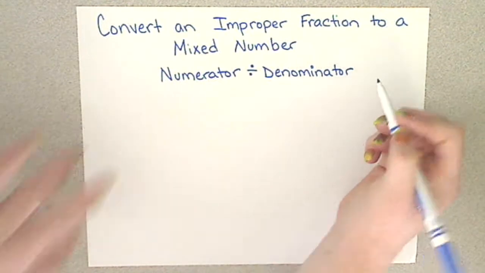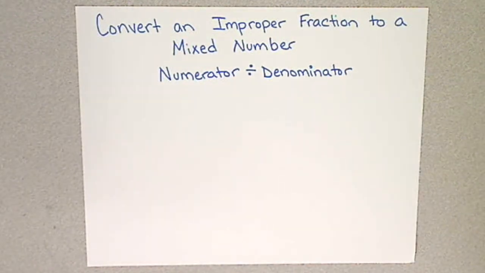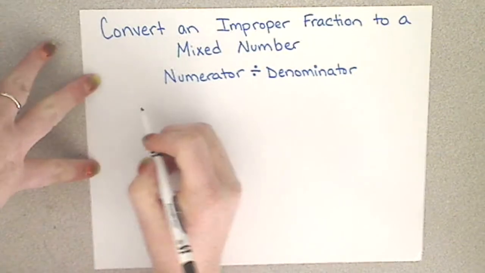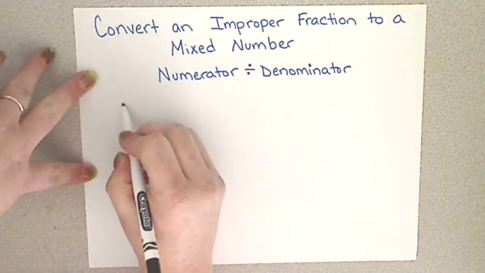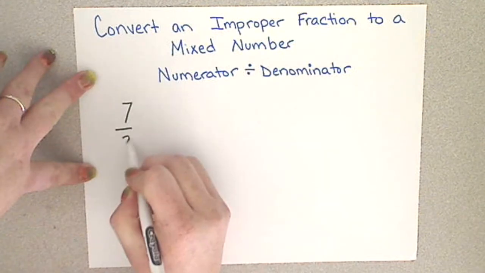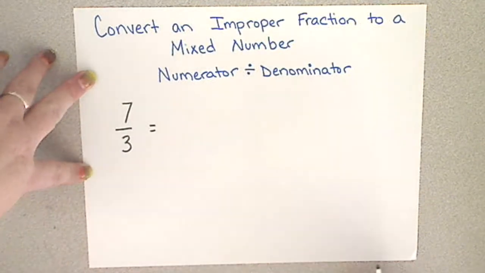So let's take a look at our example. We're going to stick with the same fraction. We're taking 7/3 and we're turning it into a mixed number.